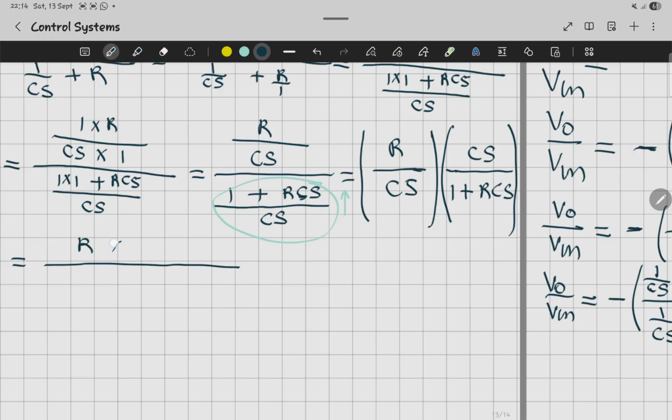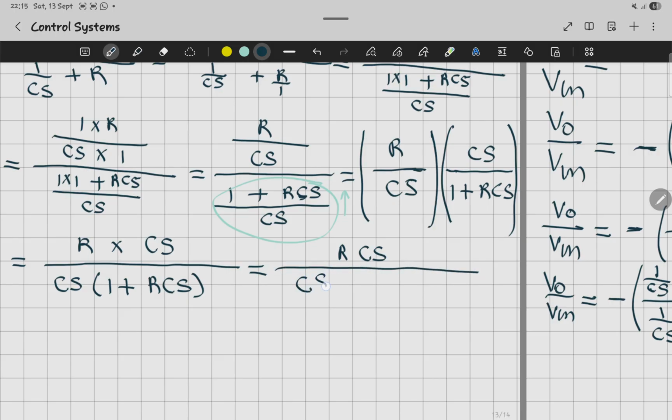R times CS, and then you're gonna have CS times 1 plus RCS, which is gonna give you RCS over CS, because you're going to multiply this one by 1 and also multiply it by the one that you see there.